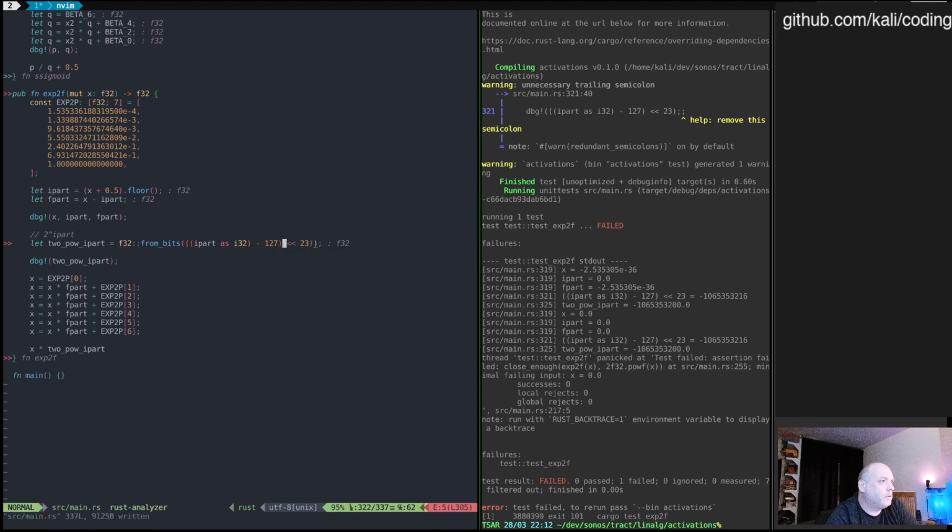Okay. Parentheses. Expected u32, found i32. Okay. So I need to cast this as u32, I think, and then offset it 23 times to the left, and then make it a float.